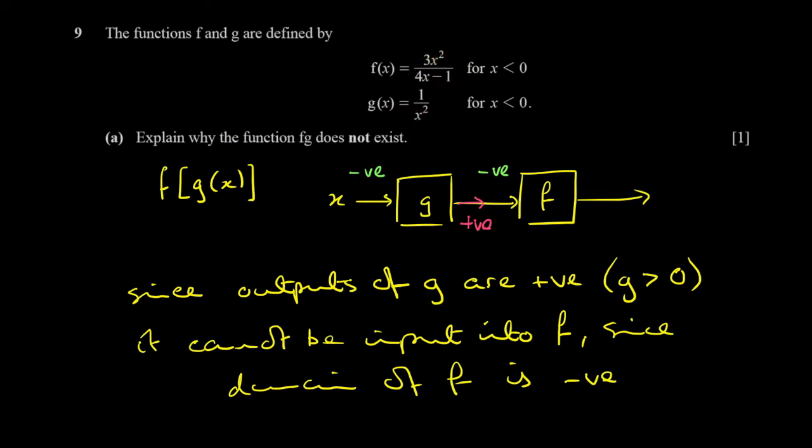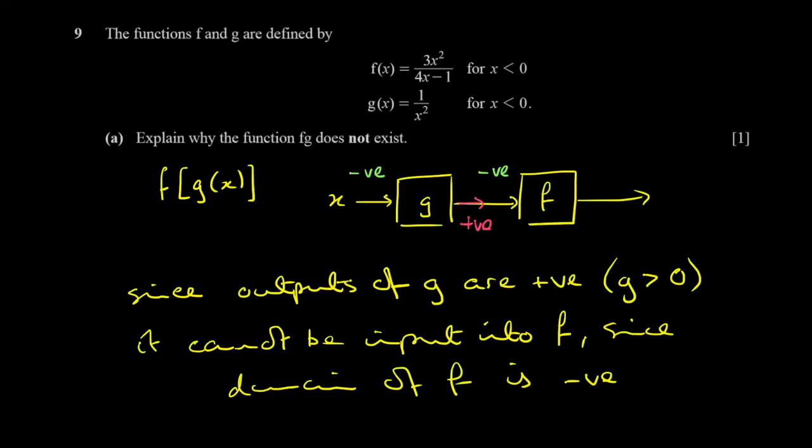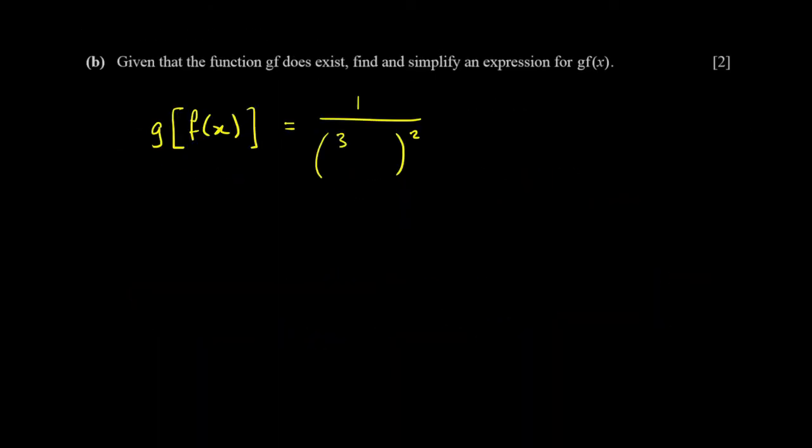So we are going to get 1 over the function f all squared. And what is the function f? 3x squared over 4x minus 1. Well, that's the same thing as 1 over 9x to the power of 4 over 4x minus 1 squared.